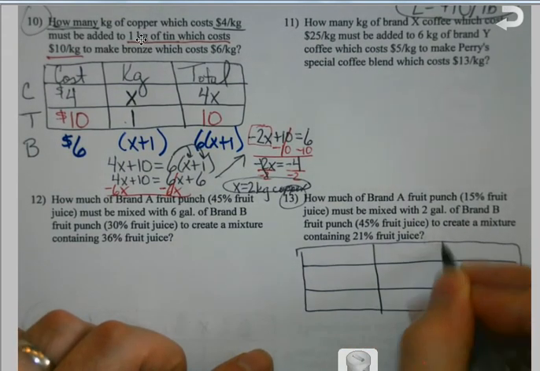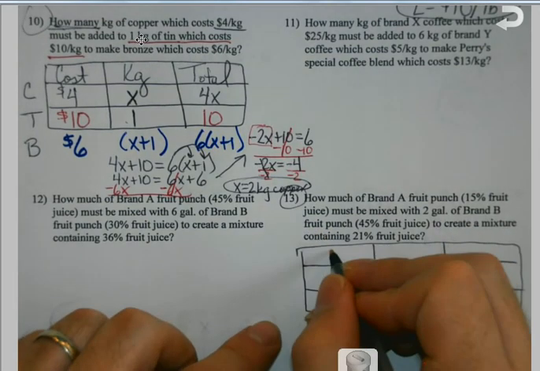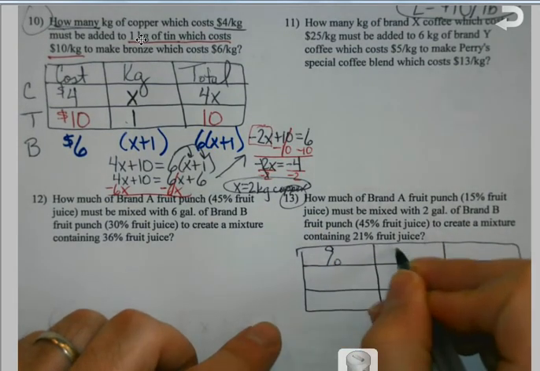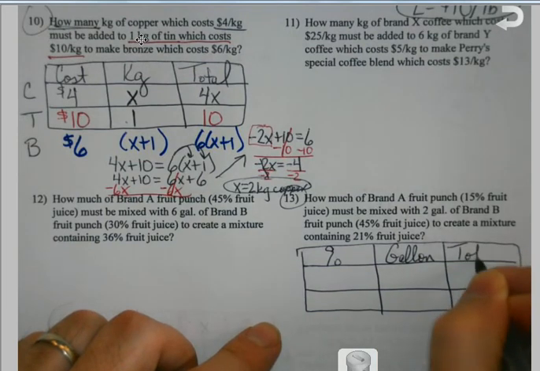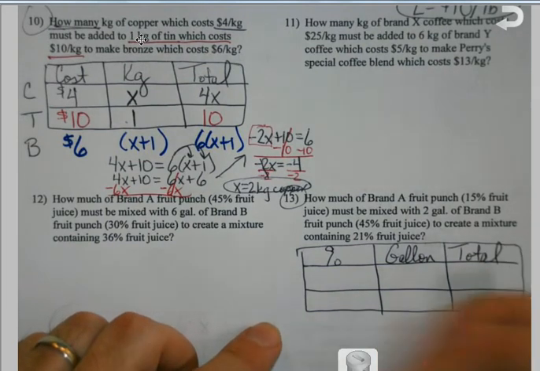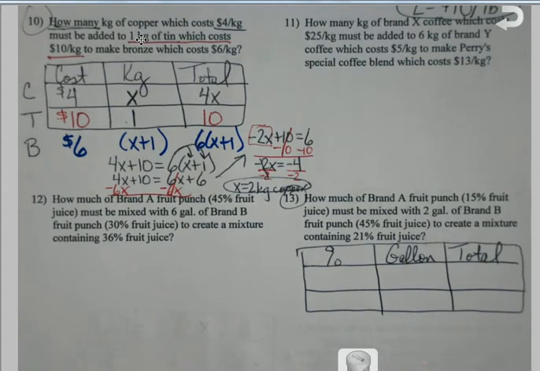One more mixture. We got percents and we got gallons. All right. Percent, gallons, and totals. Again, just start at the beginning. Let's plug them in.